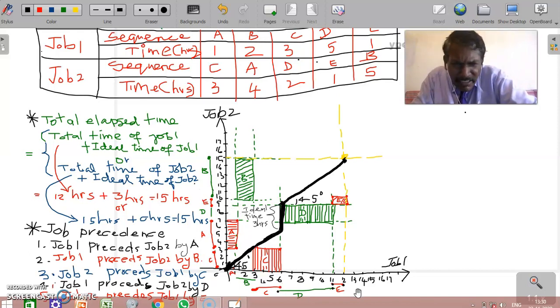So the job precedence for machine E is that job 2, the second job, precedes job 1.